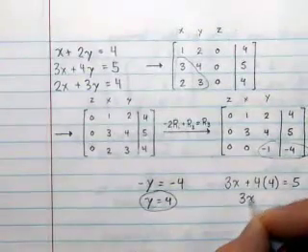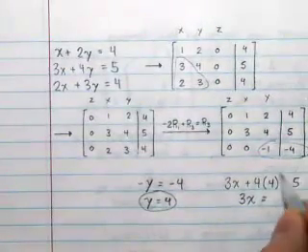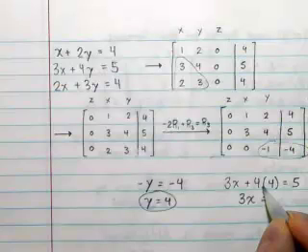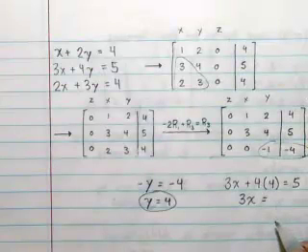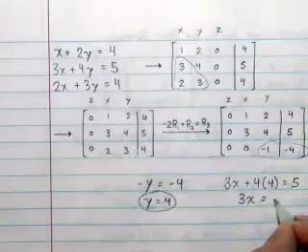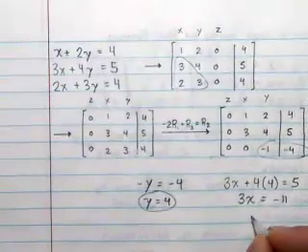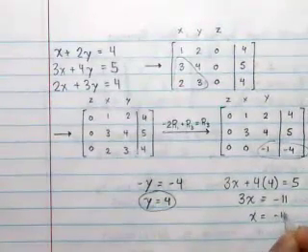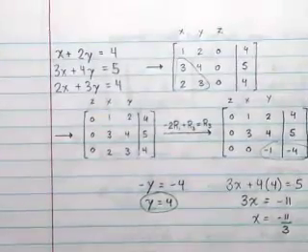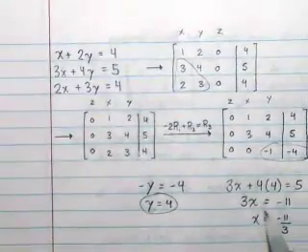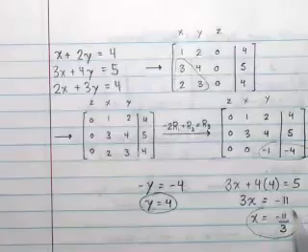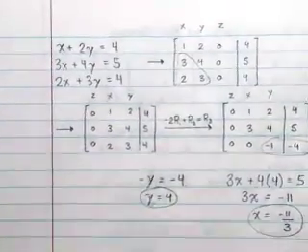So 3x equals 5 minus 16 would be negative 11 thirds. Okay.